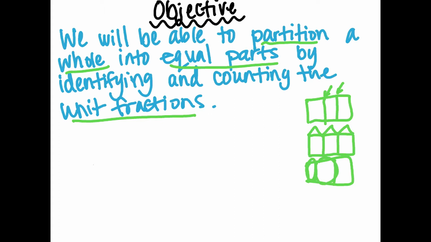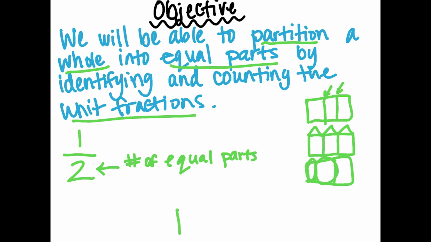And a unit fraction. A unit fraction, so let's go with 1/2. Everybody's seen this type of fraction, right? 1/2. Well, this bottom number is the number of equal parts. So let's do a drawing here.